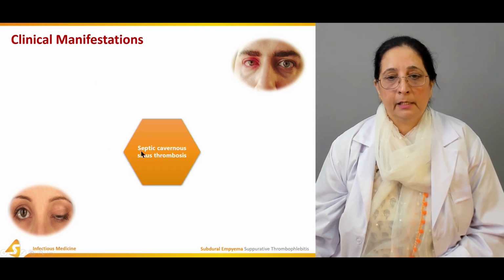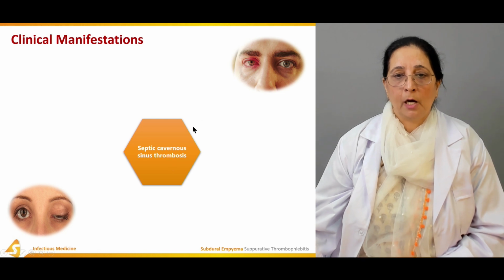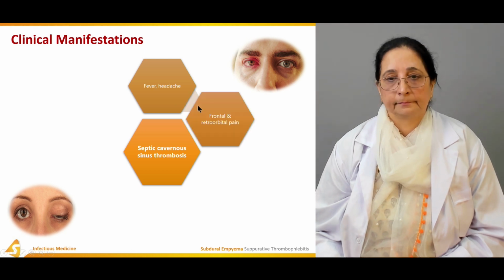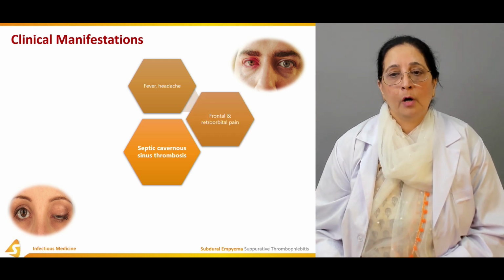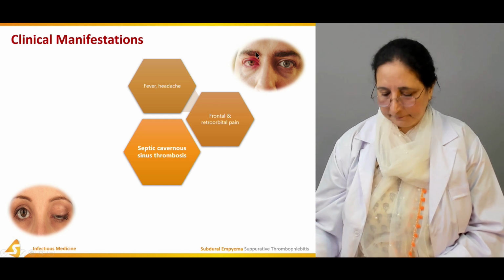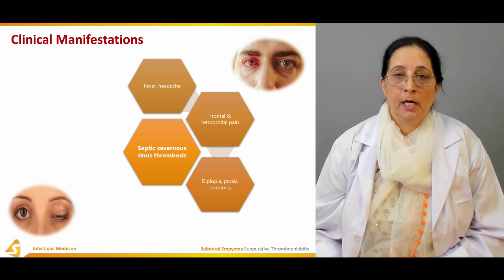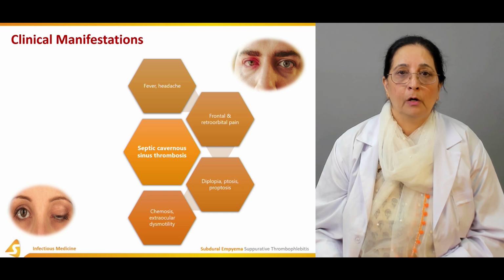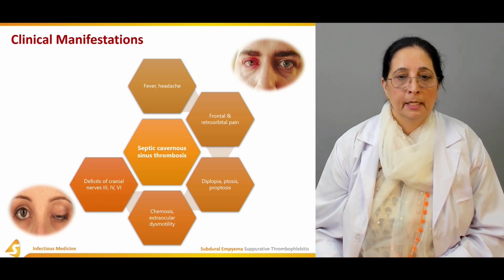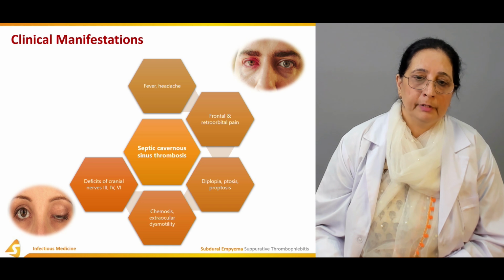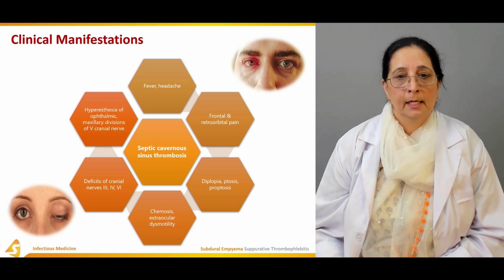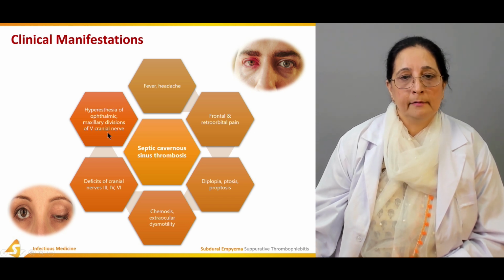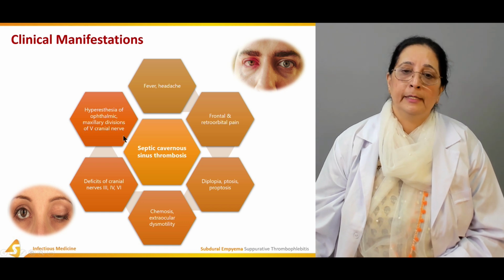Then how does septic cavernous sinus thrombosis present? There is fever, headache, and frontal and retroorbital pain. There is diplopia, ptosis, proptosis, chemosis, extraocular dysmotility, deficits of cranial nerves 3, 4, and 6, and hyperesthesia of the ophthalmic and maxillary divisions of the 5th cranial nerve.